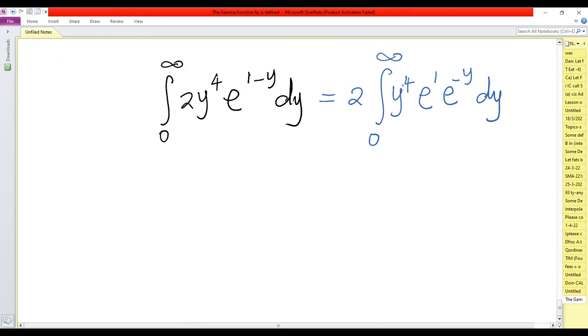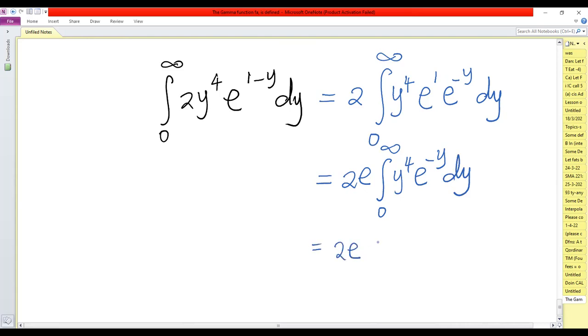e raised power 1 is just a constant, so it can also be pulled out. So we'll have 2e integral from 0 to infinity y power 4 e raised power negative y dy. Now we write this one as 2e integral from 0 to infinity.